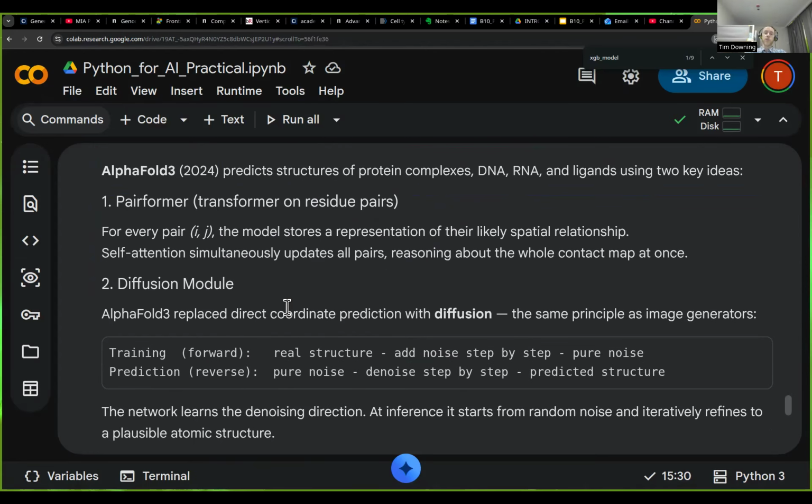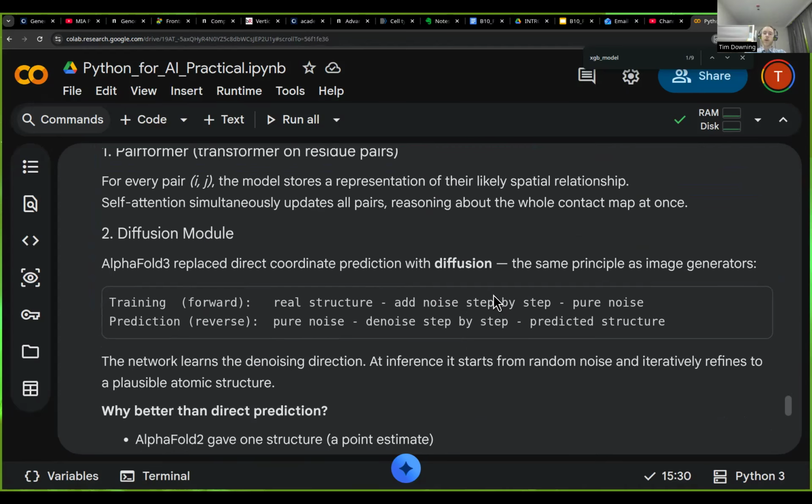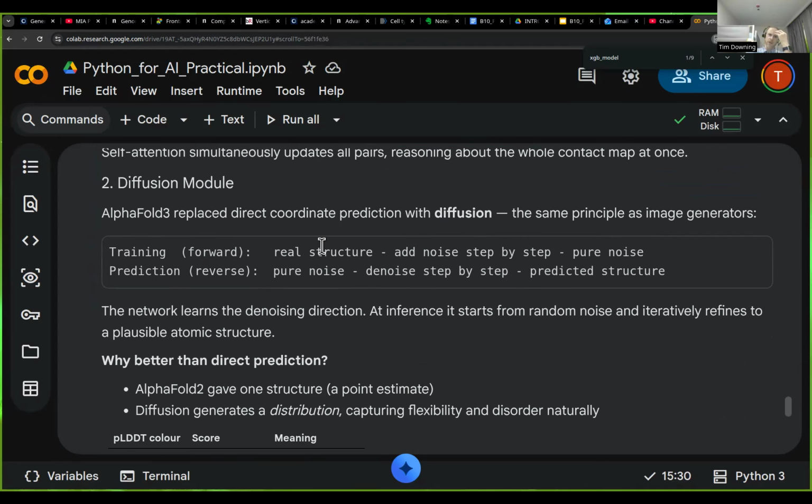And then it uses a diffusion model to estimate the variation that we might have in these different predictions, to see which ones might be more real or less real. It does this by training in terms of going forward, from the real structure adding noise iteratively, step by step to get pure noise, and also in reverse, by taking pure noise and denoising iteratively to get the predicted structure eventually.